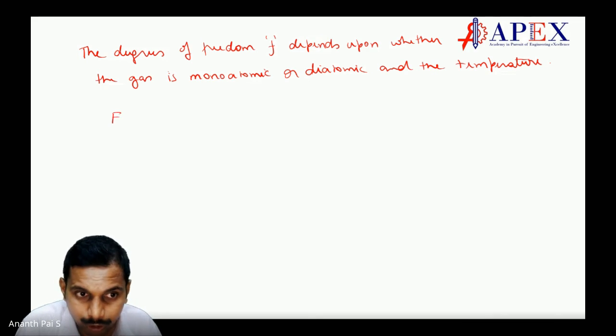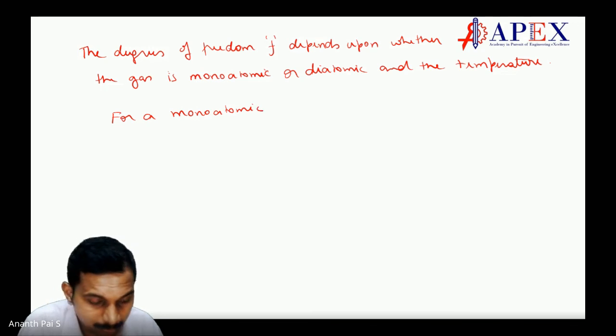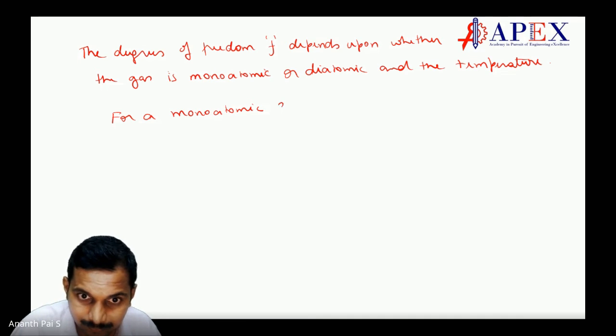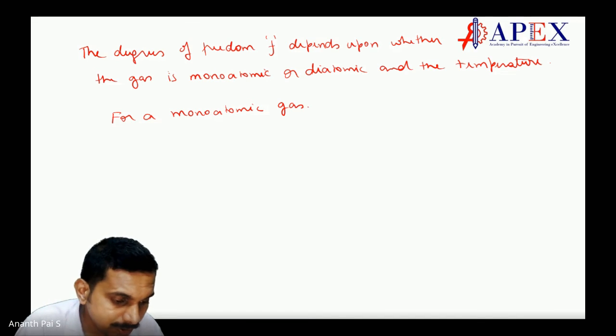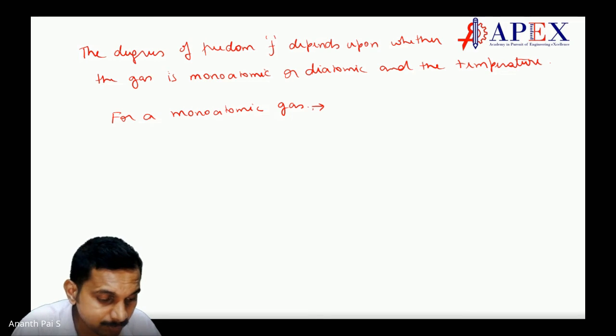For a monoatomic gas, what is the degrees of freedom? How many ways can it move? 6 ways, is it not? Correct.